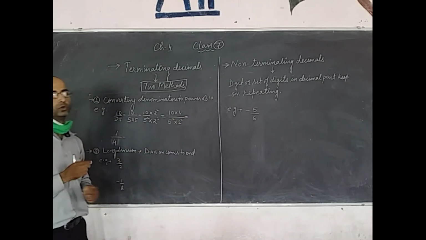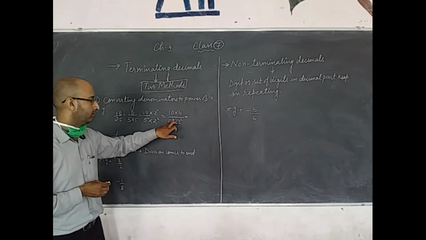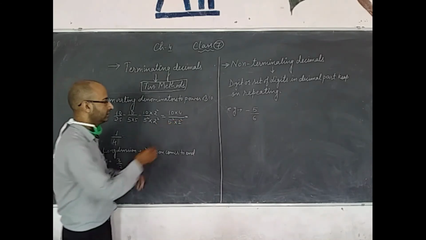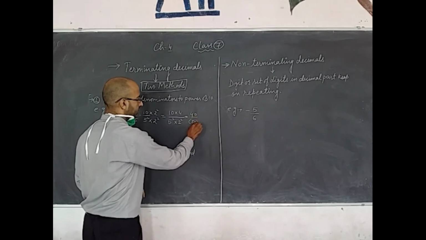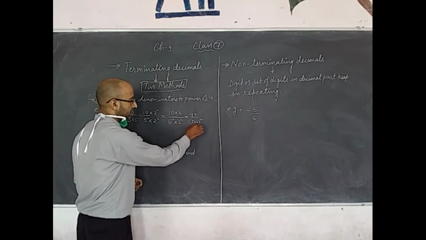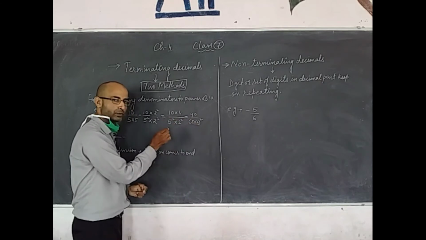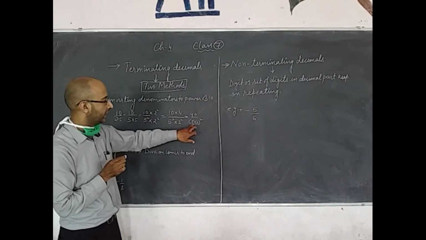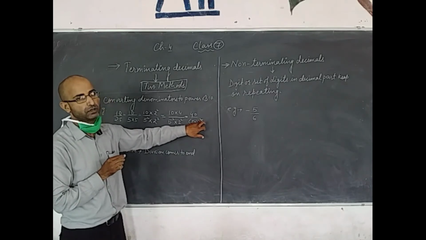Now, according to the rule of exponents, when powers are the same, multiply the bases and put the power one time. Here 5 into 2, these are the bases and their powers are the same. So according to the law of exponents, we multiply the bases, put them in a bracket, and put the power one time.